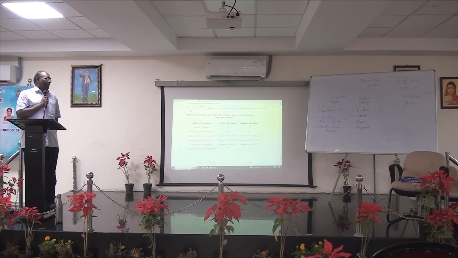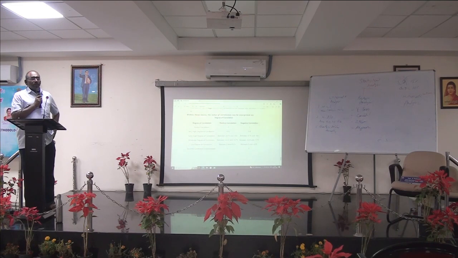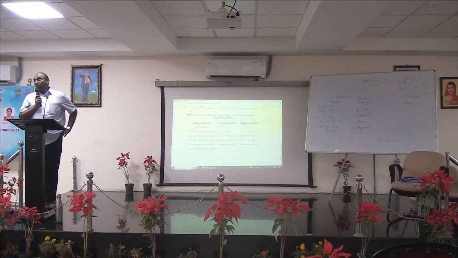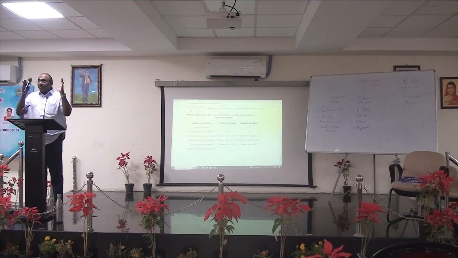Then very high degree correlation: plus 0.9 is said to be very high correlation. Fairly high degree of correlation is normally between 0.75 to 0.9 on either side, the negative side also -0.75 to -0.9. Then moderate degree is between 0.25 to 0.75. Remember, it is like your quartile, between the first quartile and the third quartile.